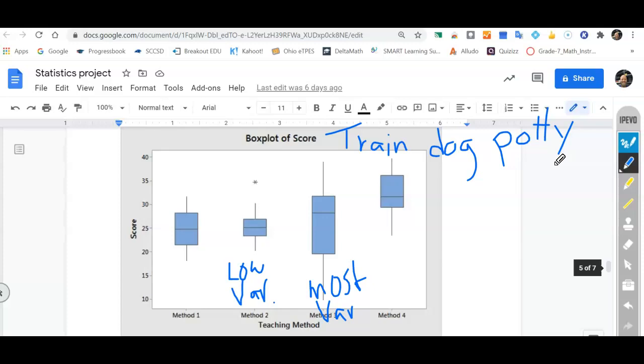If we're trying to train our dog to use the restroom, which of these methods would you think is the most successful? What? So you're saying method 3? What made you think that?